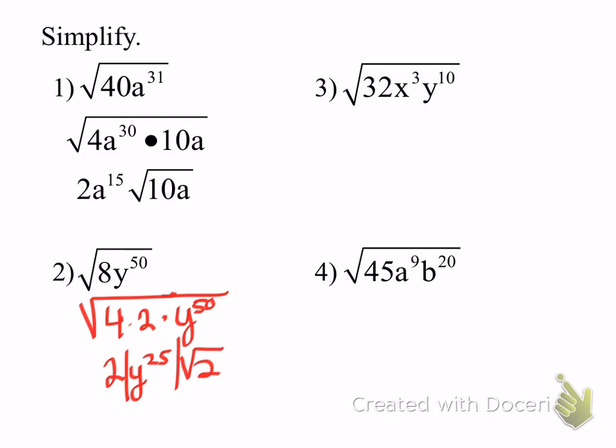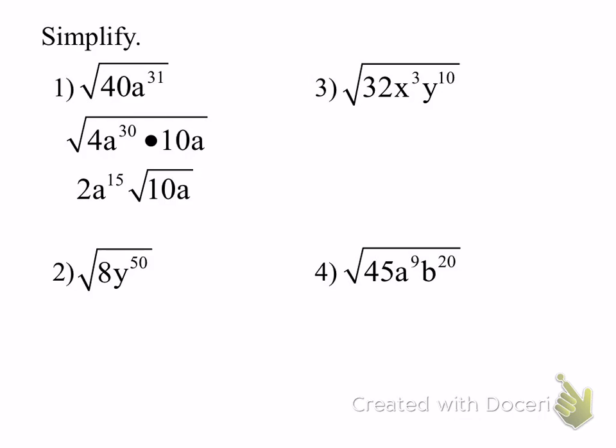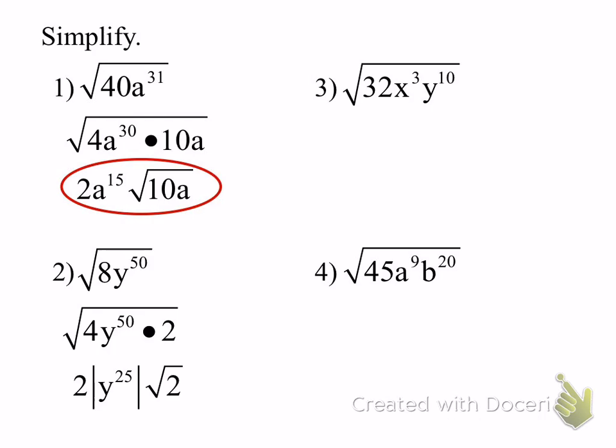Now, let's look at this next one. It's kind of sneaky. 32 gets broken down to 16 and 2, so it's 4 rad 2. How do we break down x to the third?